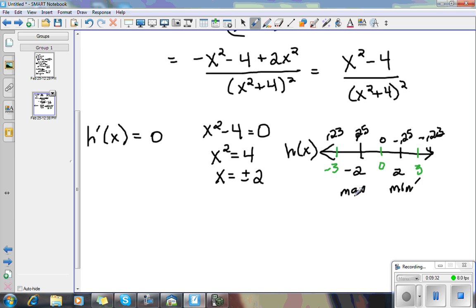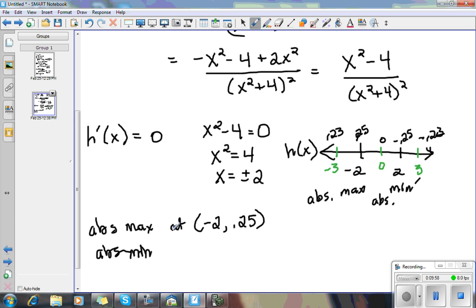These would be absolute max or global max, and an absolute min. I'm going to go ahead and write it out. So we have an absolute max at negative 2, 0.25, and an absolute min.